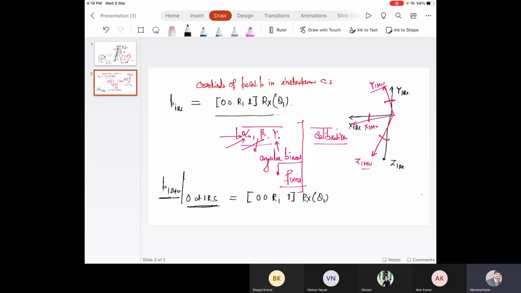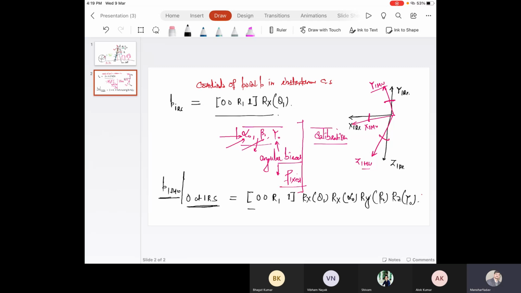Three rotations have to be performed: Rx by alpha naught, Ry by beta naught, and Rz by gamma naught. So alpha, beta, and gamma naught are the rotations required to match the axes of the instrument reference system with the IMU body coordinate system.